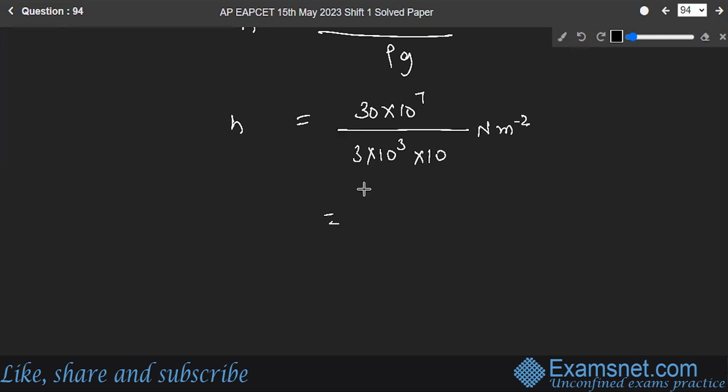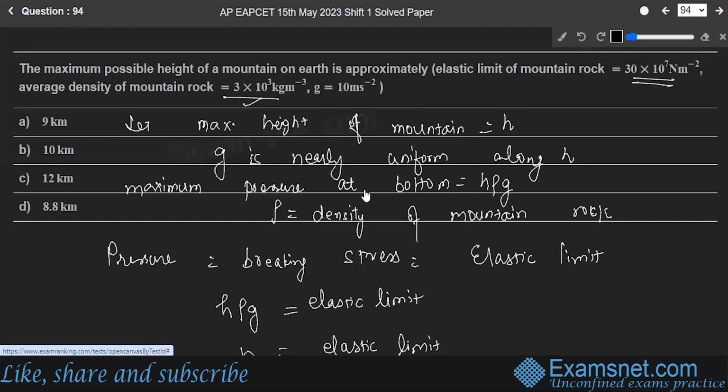This will cancel, and you have 10 raised to power 4.